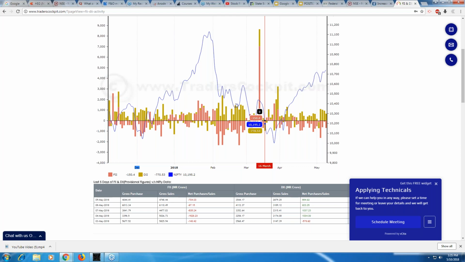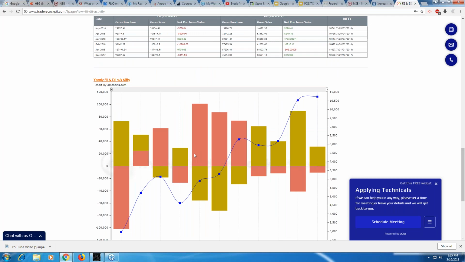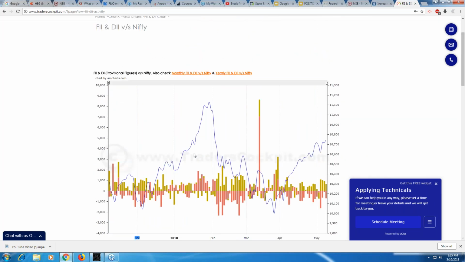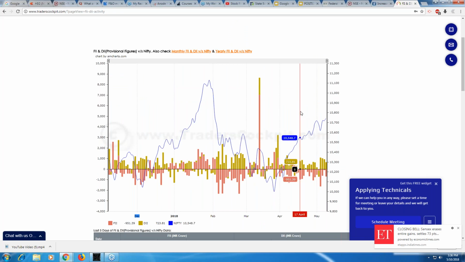Before I go on, what are these DIIs and FIIs? FIIs are basically various mutual funds which are not Indian funds. For example, Morgan Stanley, or Goldman Sachs, or various pension funds from Canada.